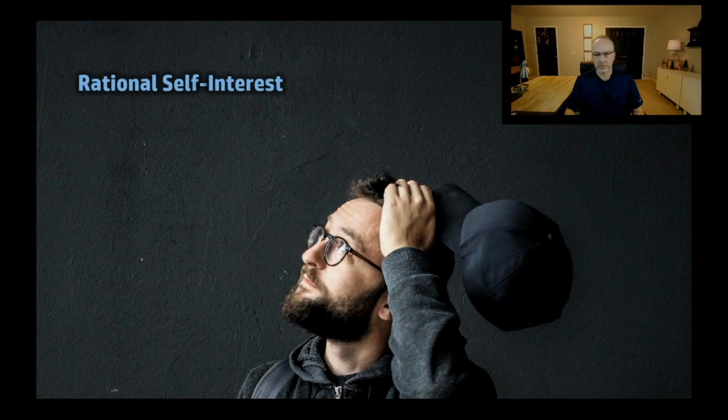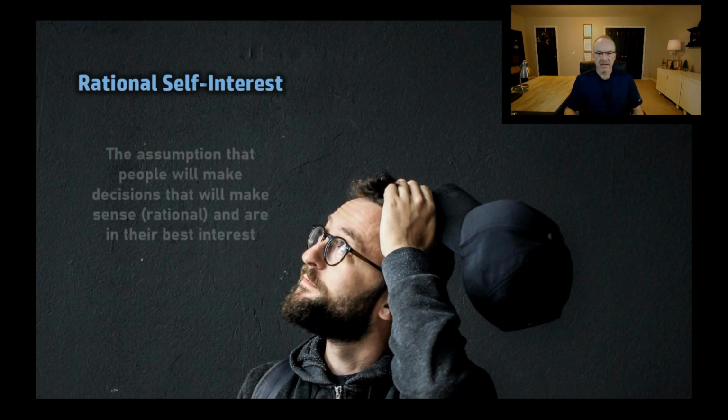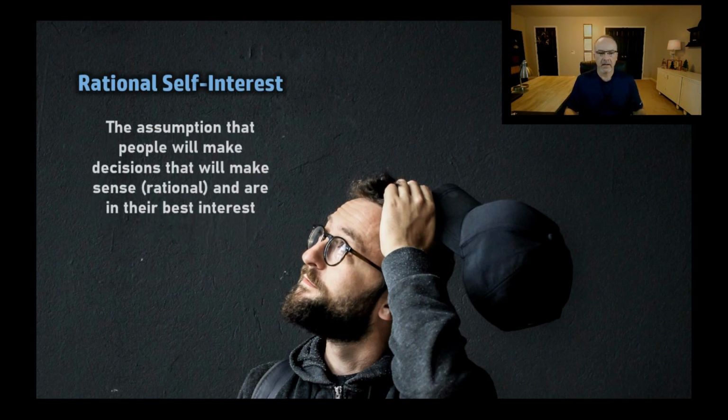Rational self-interest is really the idea that people make decisions that make sense. That's the rational part. Rational means with your head, with your brain, not irrational like out of anger or foolish ideas, stupid decisions, dumb decisions, but that people are going to make decisions that make sense and that are in their own best interest.